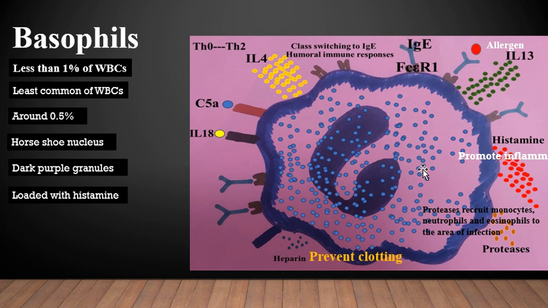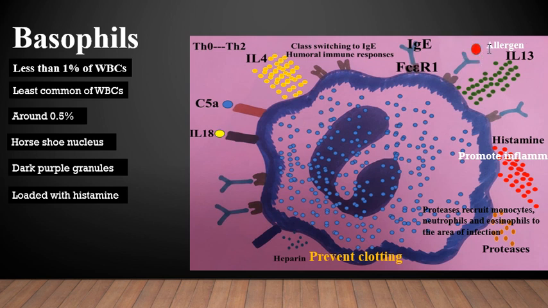And as can be seen here, they produce proteases, and these proteases from basophils recruit monocytes, neutrophils, and eosinophils to the area of infection. They also produce heparin, which prevents blood clotting, and histamine, which promotes inflammation. They also express on the surface Fc epsilon R1 receptors, which are specific for IgE antibodies.